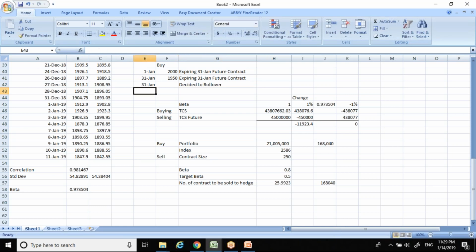Now, what is rollover? On 31st January, you sell this contract. You have purchased this contract, you have to sell it, so you close the position. Now what you do on 31st January is you buy the next month contract expiring, let's suppose, 28th of February.